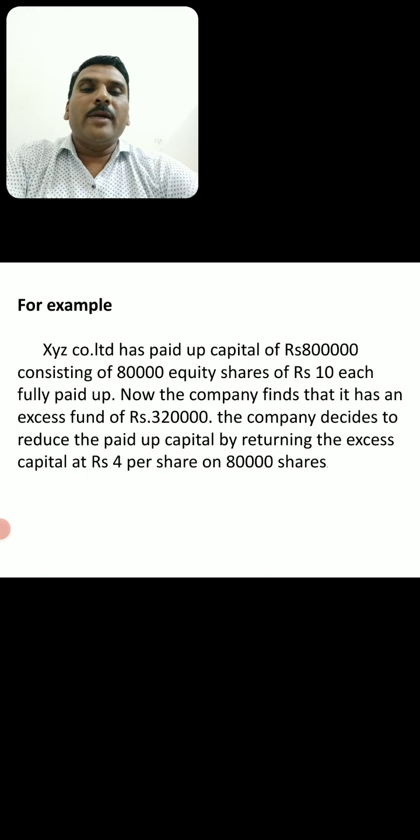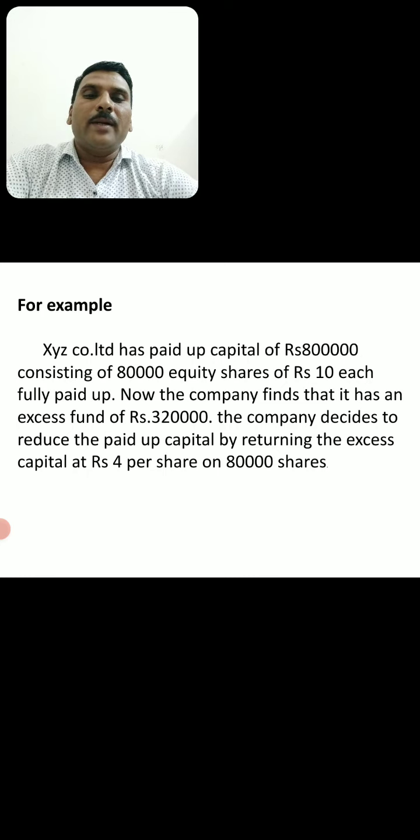XYZ Company Limited's paid up capital is 8 lakh consisting of 80,000 equity shares of rupees 10 each, fully paid up. Now the company finds that it has an excess fund of rupees 3,20,000. The company decides to reduce the paid up capital by returning the excess capital at rupees 4 per share on 80,000 shares.